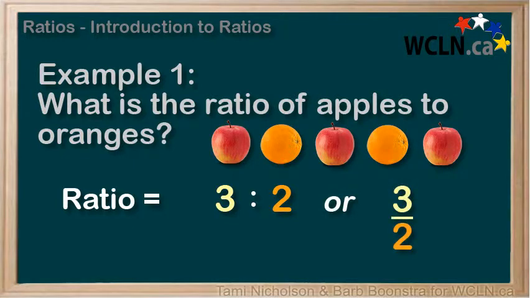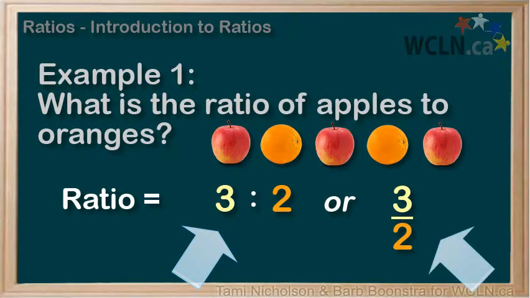Again, the apples are first, so they end up on the top, and the oranges, being second, end up on the bottom. You may look at this and say, hey, that's a fraction. Indeed it is. Ratios can be shown using a colon, or they can be written as a fraction.